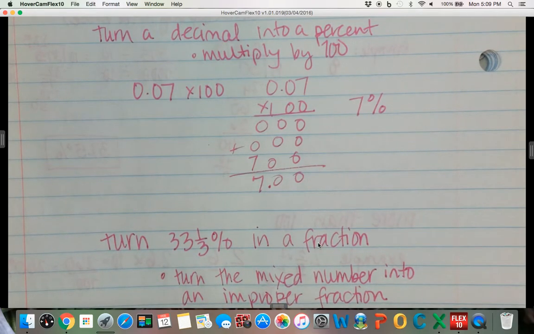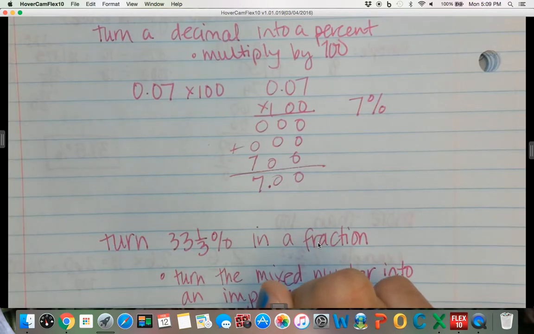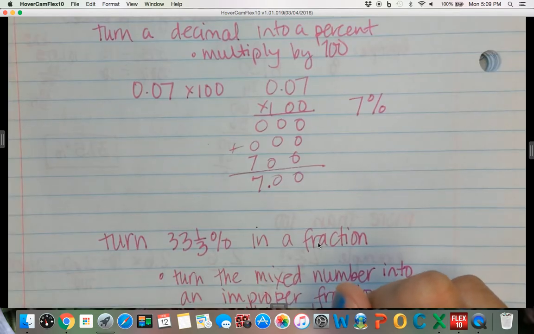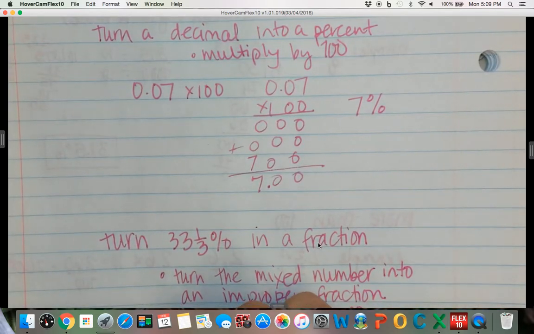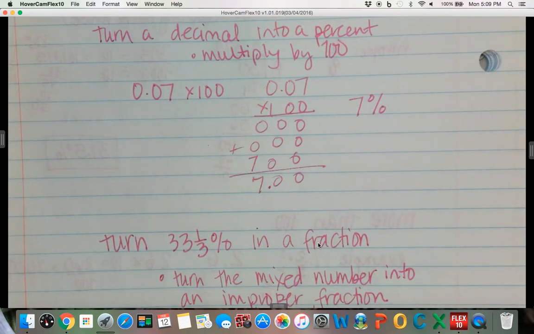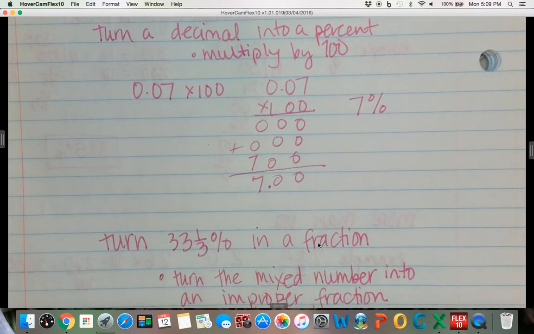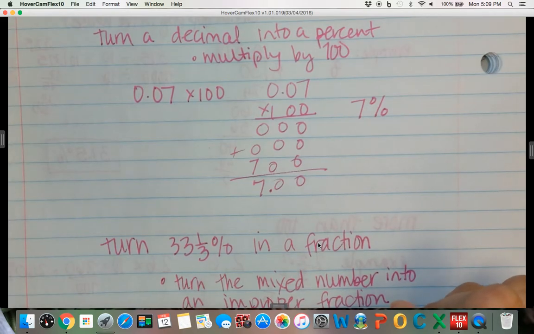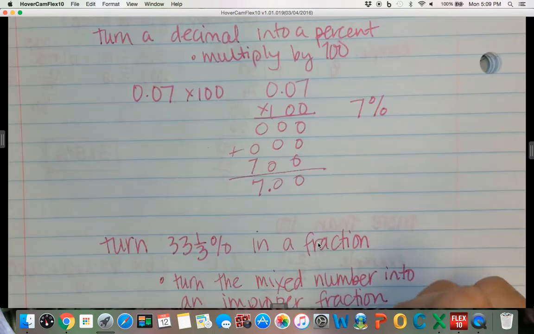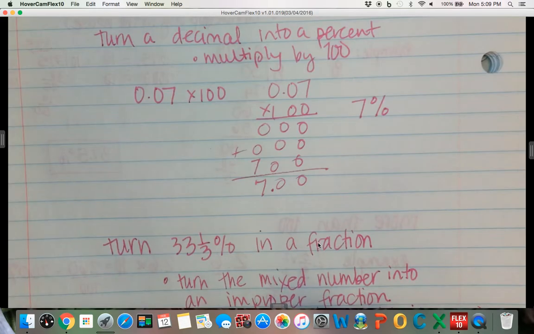Now that it is an improper fraction, I divide by 100 over 1. Divide straight across. 100 divided by 100 is 1. 3 divided by 1 is 3.